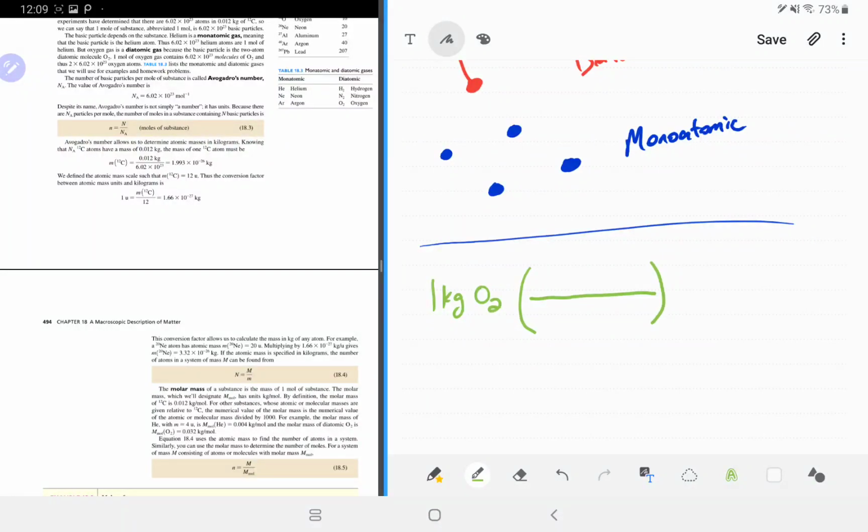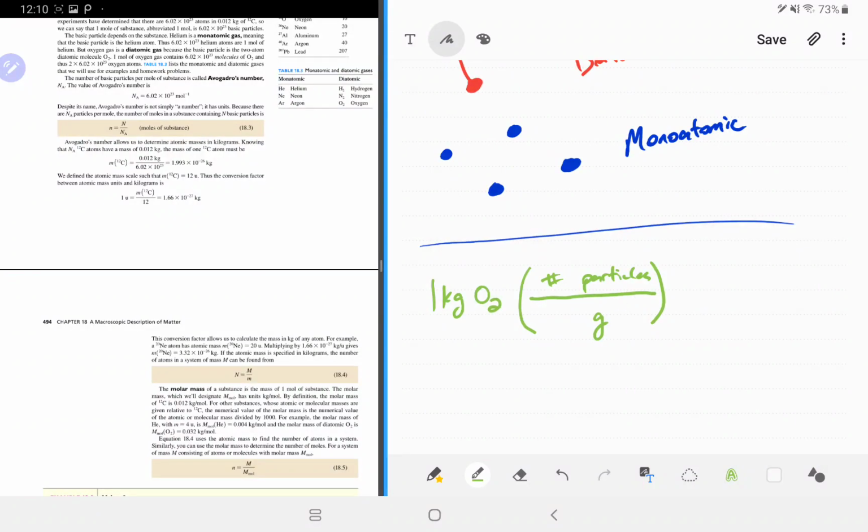You might remember from chemistry, you did relationships between the mass of a molecule and the number of molecules. So to go from a number of grams to a number of particles, we need to know some relationship between these two things.